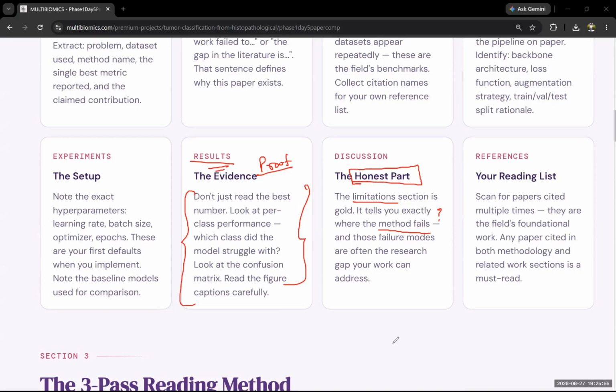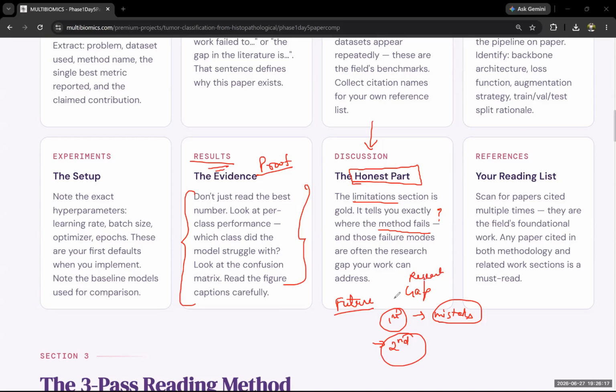Suppose, personally, we are going with the second iteration of this project. So in the first iteration of our project, whatever mistakes we had made, we will be putting over here. And for future work, we can also write down what we can do. So here we can also get the research gap.